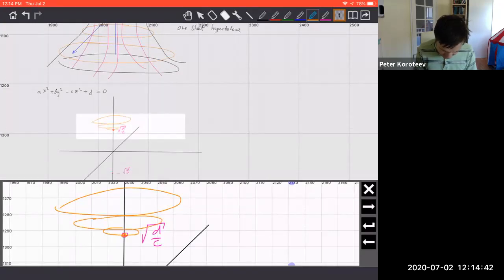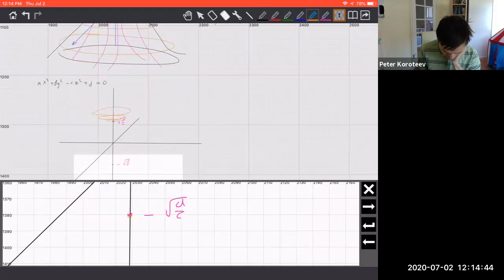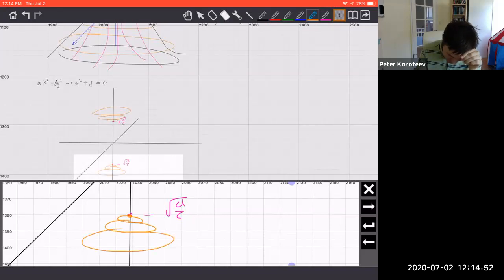The same happens at the bottom. There's a point where the ellipse degenerates, and then it gets a bit bigger, and it goes on.